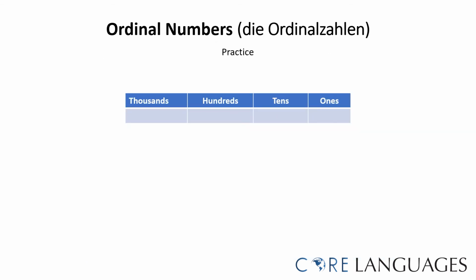Let's practice. Look at the following ordinal numbers, or die Ordinalzahlen, and try to read them in German. Zweite. Notice how this number ends on te. Zweiunddreißigste.